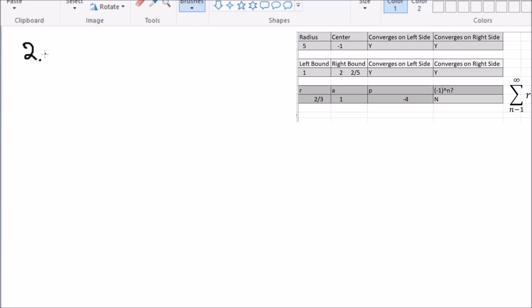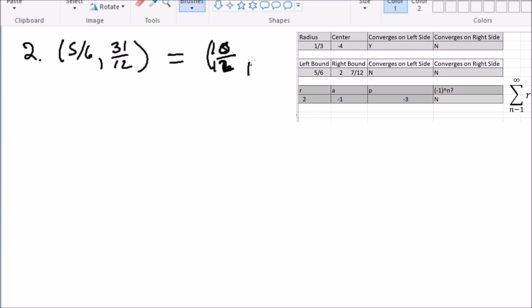All right, number 2. This looks like it's open, 5/6 to 24 plus 7, 31/12. Open on both. Okay. So let's just convert these to the same thing. So this is 10/12 to 31/12. Okay.